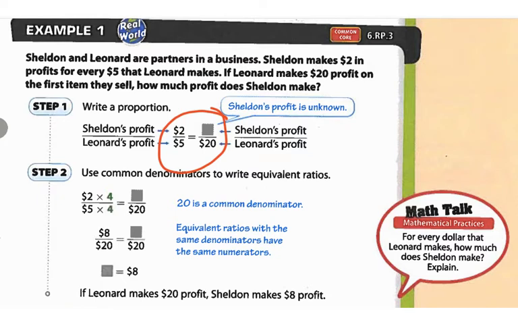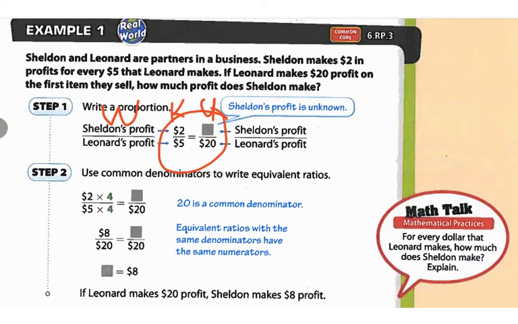So the initial ratio, in my words, this would be the W, K, this would be the U. Sheldon to Leonard are your words. What do we know about it? Sheldon makes $2 of profit for every 5 Leonard makes. And then if they're telling you that Leonard makes 20, how much will Sheldon make?